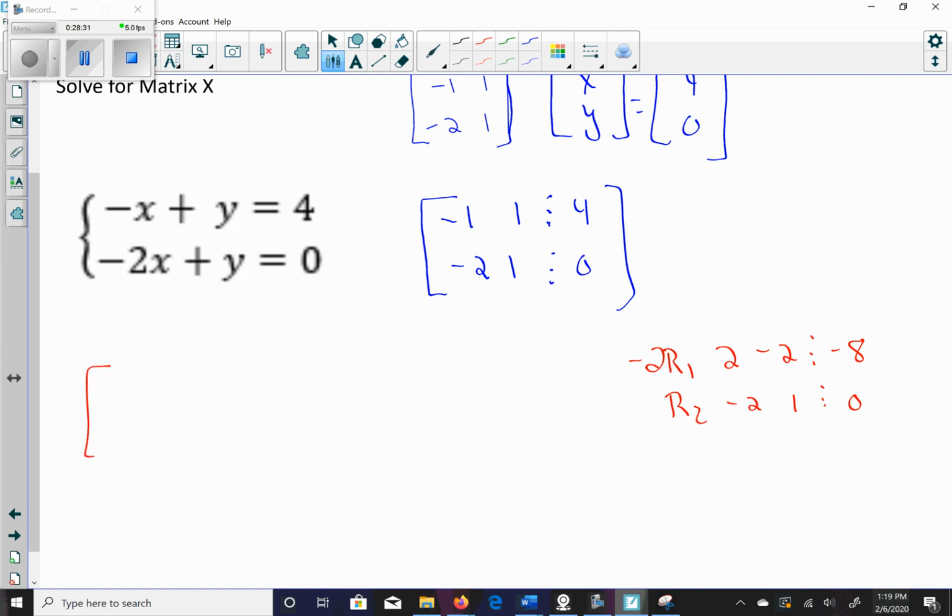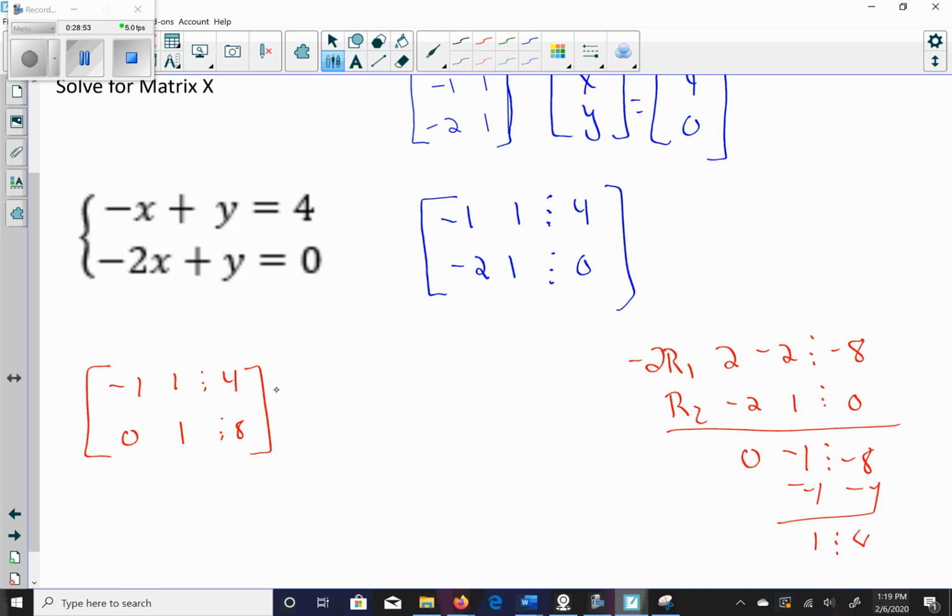So over here, I'm going to write my matrix. Row 1 has not changed. And row 2 is now, when I add these, I'm going to divide by negative 1. I'm going to get 1 and 8. So this will be 0, 1, 8.